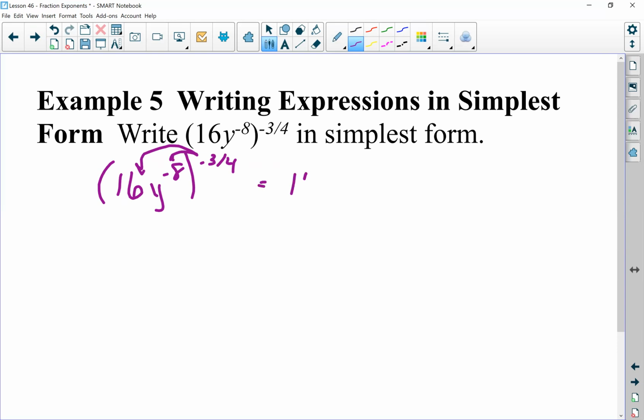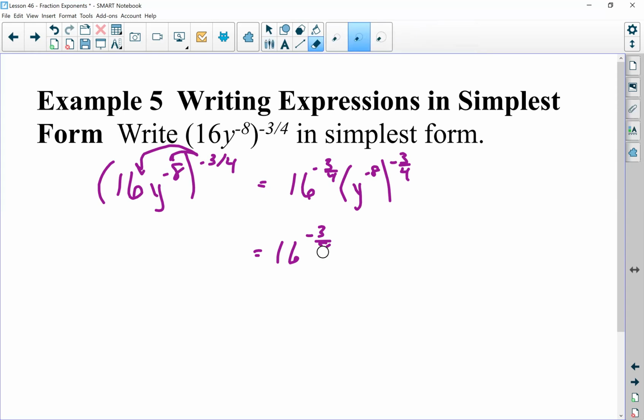So this would be the same as 16 to the -3/4, y to the -8th to the -3/4. And -8 times -3/4 is a +6.